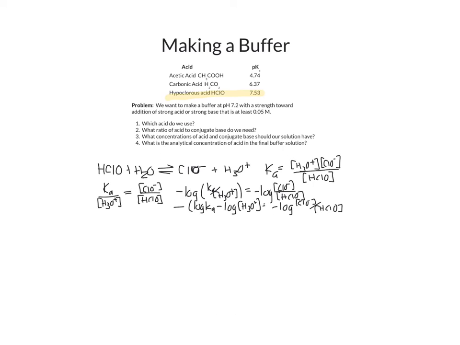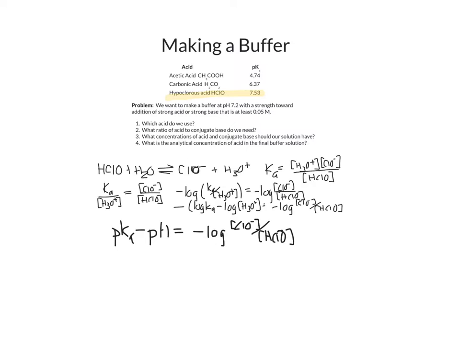Now we recall that minus the log of Ka is pKa, and minus the log of [H3O+] is the pH. And so we can write this as pKa minus pH is equal to minus the log of the ratio of the conjugate base to the conjugate acid.